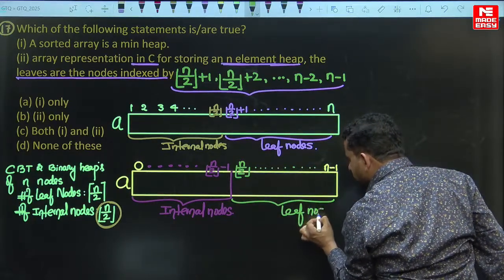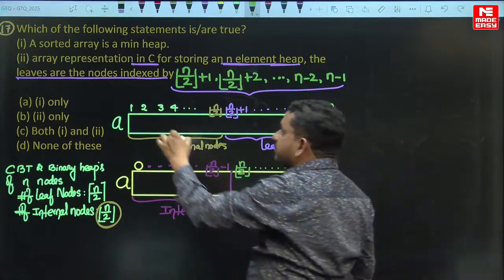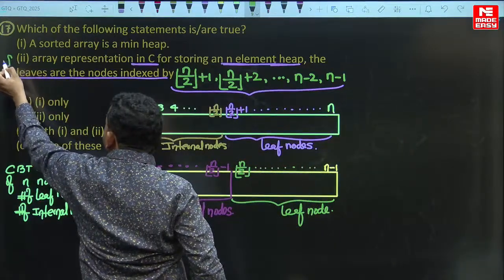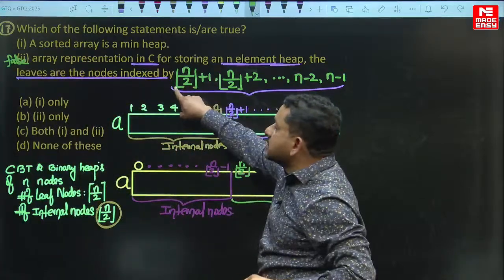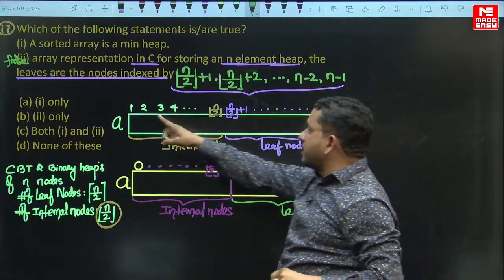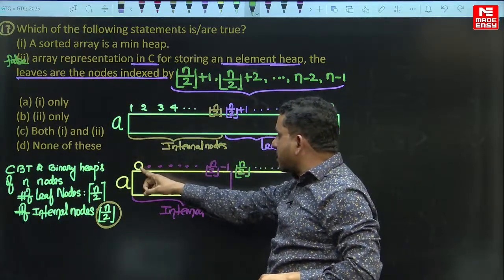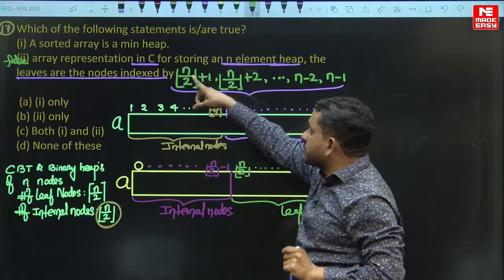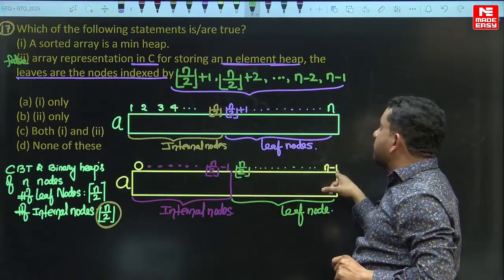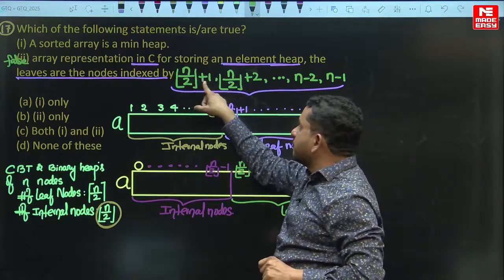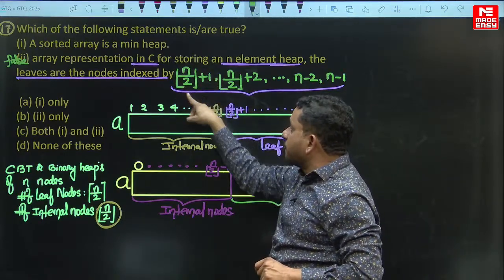So the second statement is false. It is correct only if the array index starts from 1. If the array index starts from 0, the first leaf node is at floor(n/2) and the last leaf node is n minus 1. So floor(n/2)+1 is not the first leaf node.